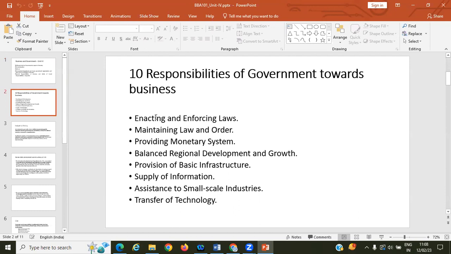the first thing is enacting and enforcing laws. If you are making a business in your country or another country, you are following certain laws. Who is creating those laws? Government is responsible to create, maintain, and provide the laws you need to follow.